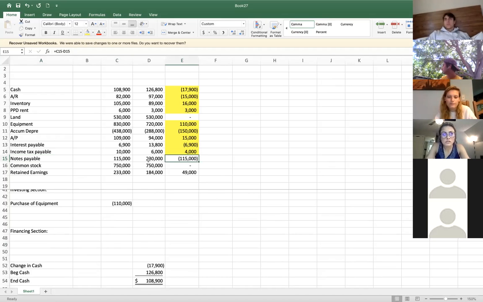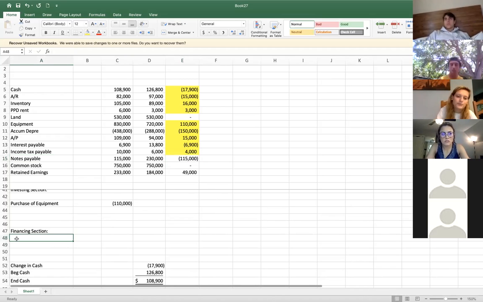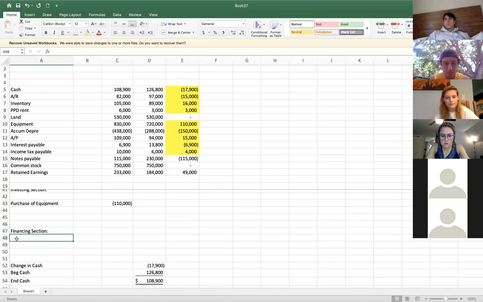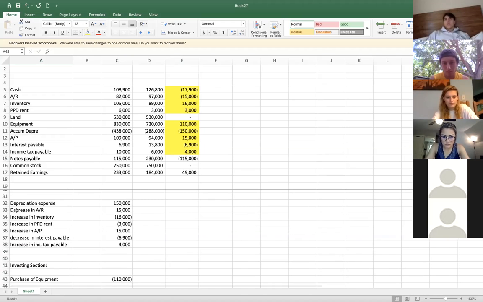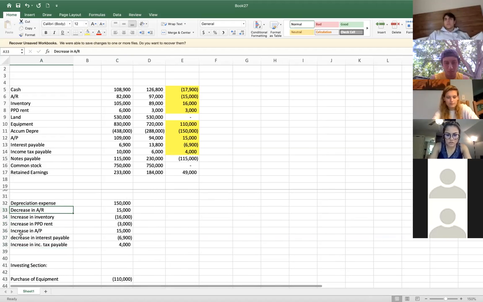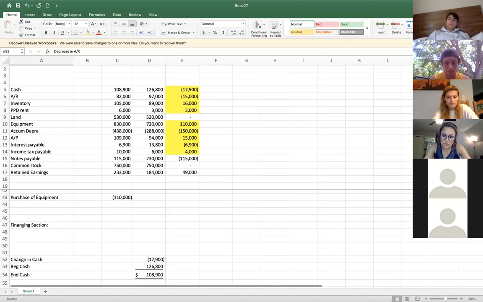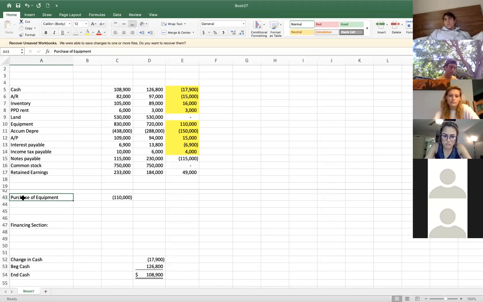Now, did my notes payable increase or decrease? Decrease. Now, in the operating section, we use increase and decrease. In the investing and financing sections, we actually say what happened, like purchase of equipment. I don't say decrease in equipment. So in the financing section, if my notes payable decreased, then it's paid on notes payable.